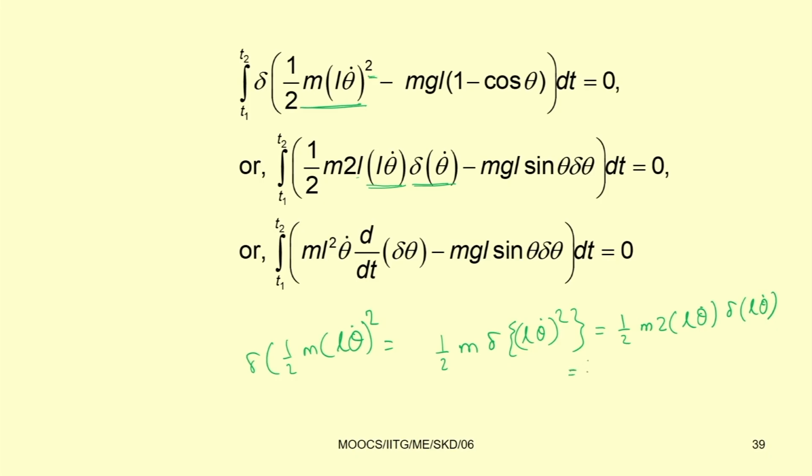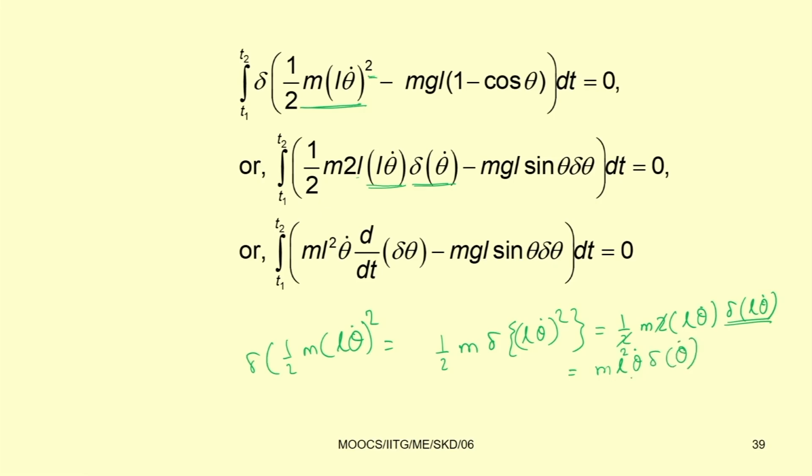The L is constant and is taken out, so this becomes del theta dot. The 2 and the half cancel, so this becomes m L theta dot, then another L, since this L is constant, so m L squared theta dot into del theta dot.